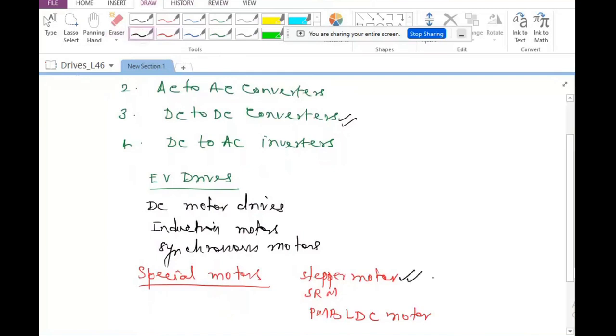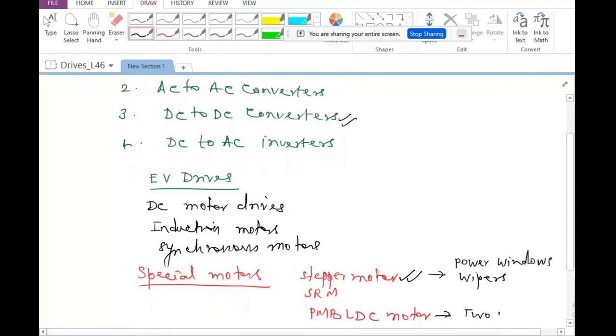If at all it is used in an electric vehicle, it can be for power windows or wipers. Those can be operated using stepper motor or PMBLDC motor currently. PMBLDC motor is used in two-wheelers mostly because of the limitation of their rating. However, just for the sake of completeness, I am planning to look at stepper motor first.